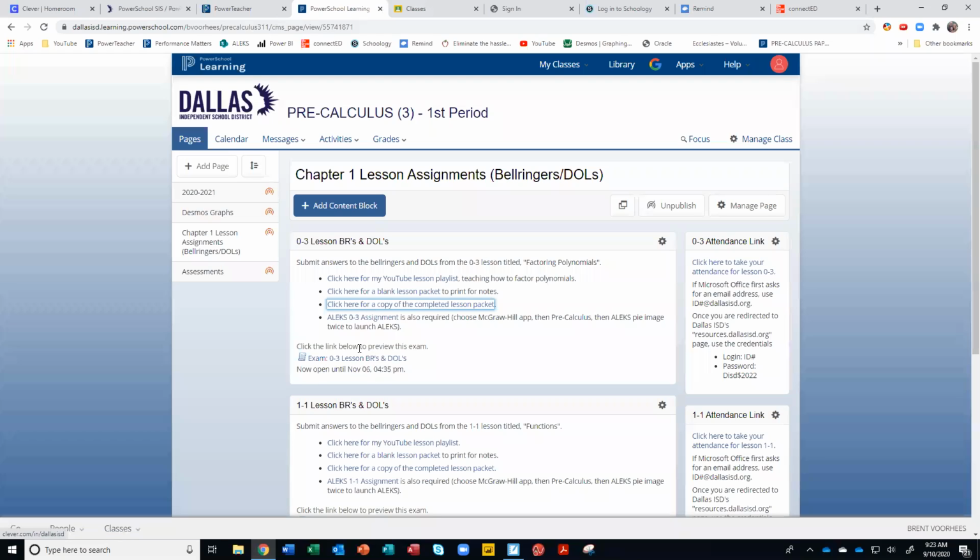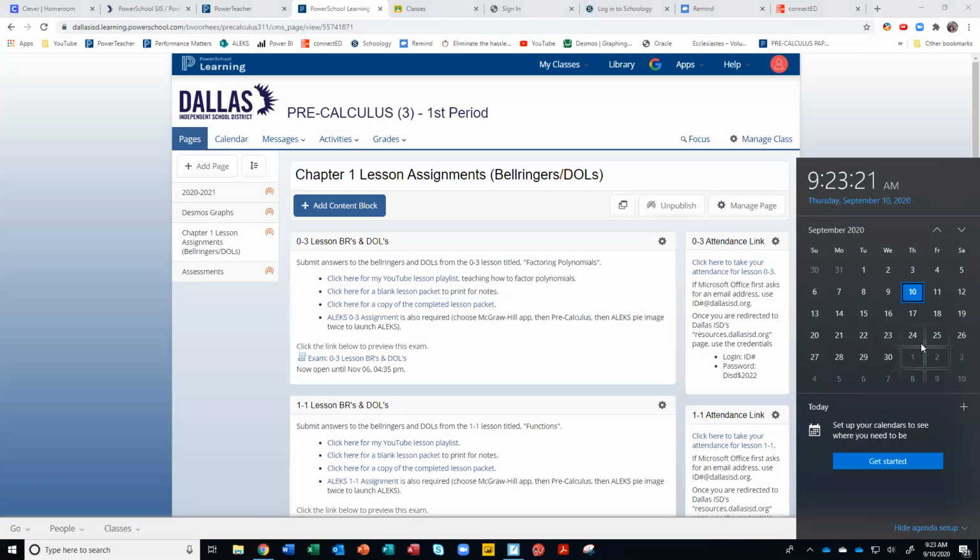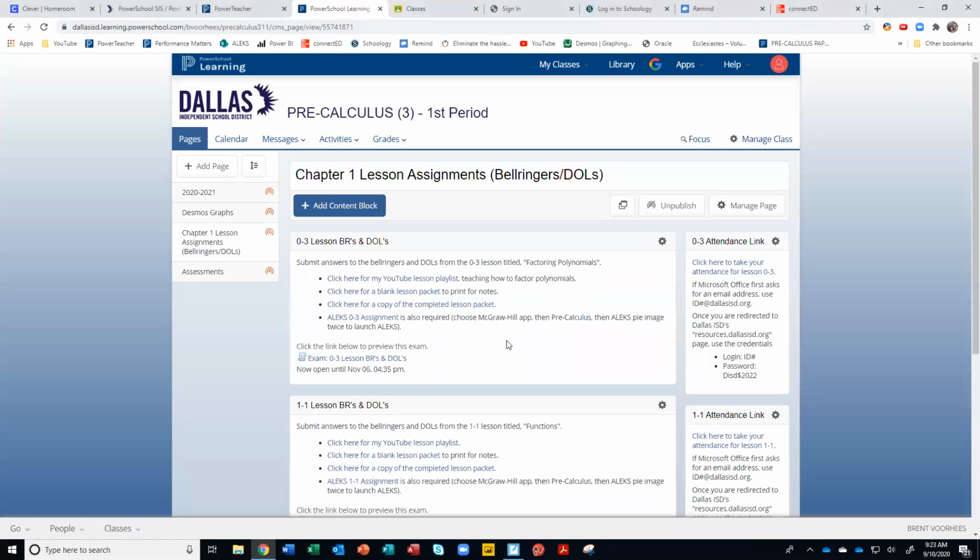So these are the 2 things you must turn in today, or rather by Thursday of next week, which would be the 17th, to get full credit. So ALEKS 03 assignment and this exam. Those are your 2 graded work things you have to do right there. So make sure you get those done. Remember, these 2 are optional just to help you out, but you can take notes on a blank piece of paper if you like.